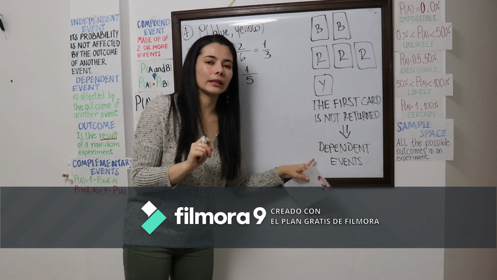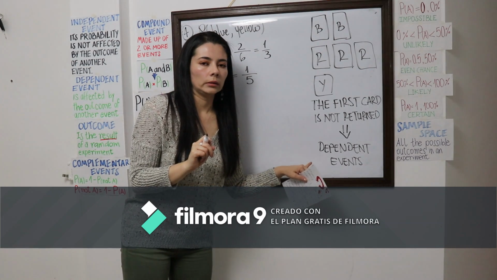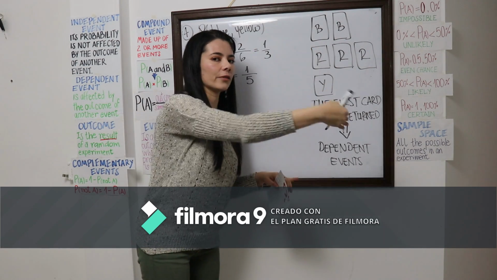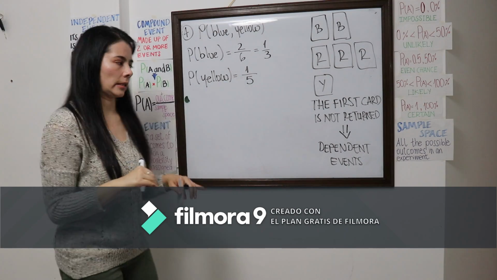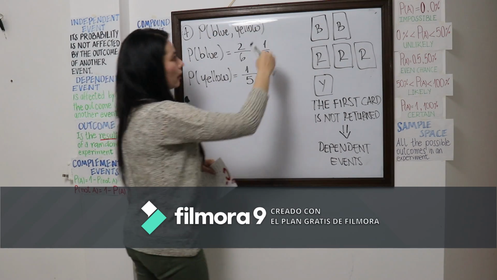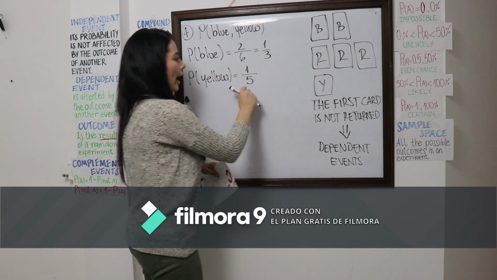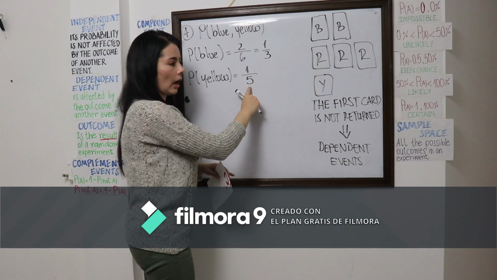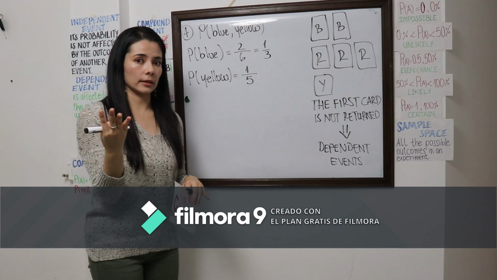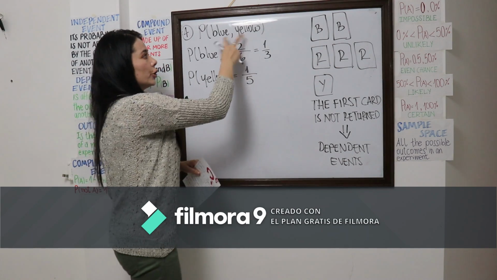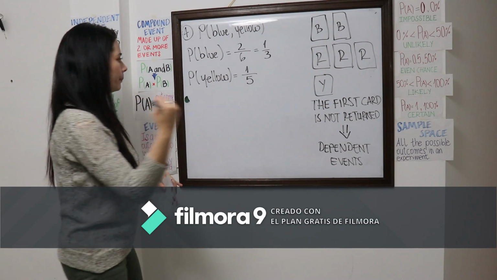And that's what dependent events do. They always change what happens after the first event. Or even if I have 3 events here, then the third event will also be affected, and I wouldn't have 5 in the total either. I'm probably going to have 4 as a total, right? Because I'm having 2 cards out of the deck already.